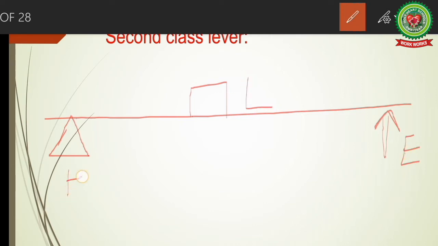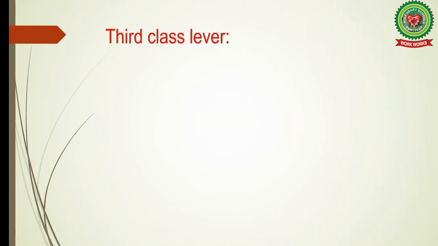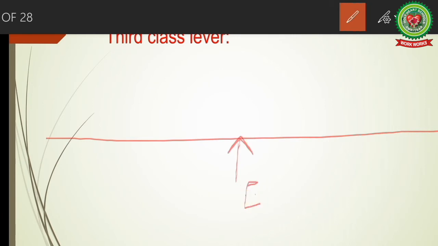And what about third class lever? A lever in which what is located in the center? Yes, effort. A lever in which effort is located between the fulcrum and load is called a third class lever, right?